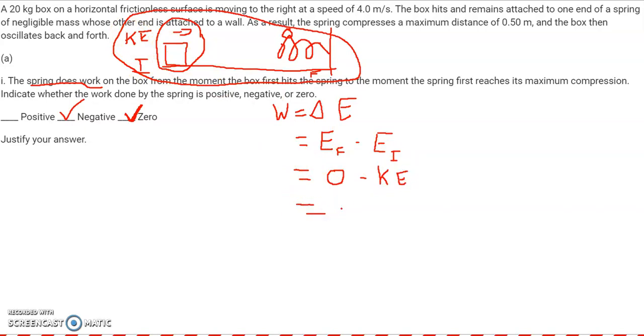What's the formula for kinetic energy? It's 1/2 mv squared. So it's negative 1/2, the mass is 20, the velocity is 4 squared, and you get negative 160 joules.